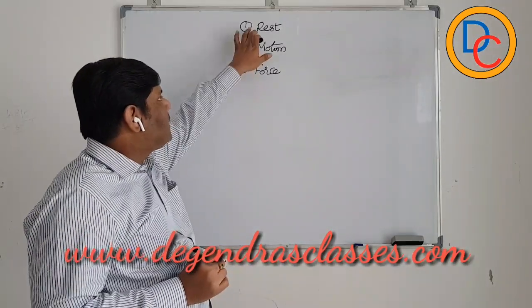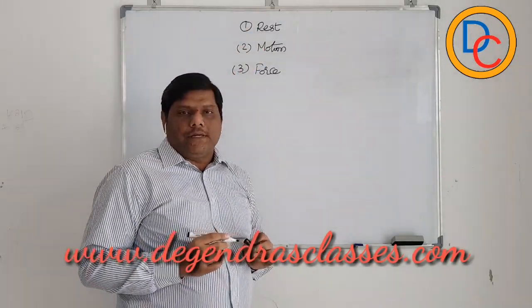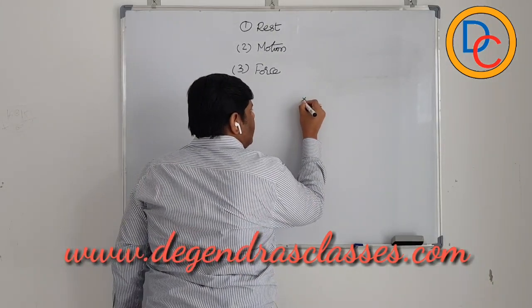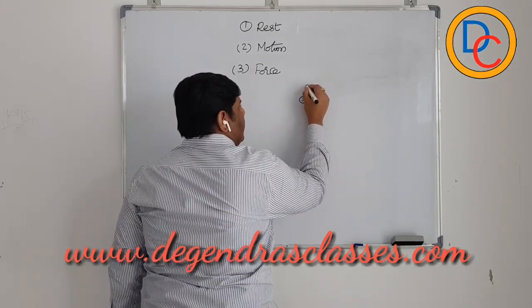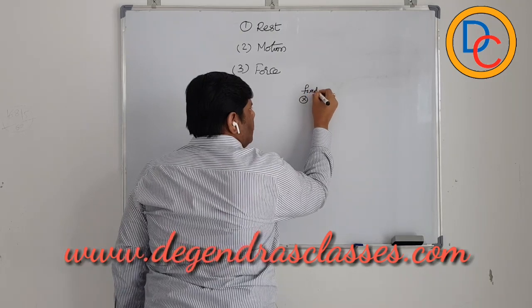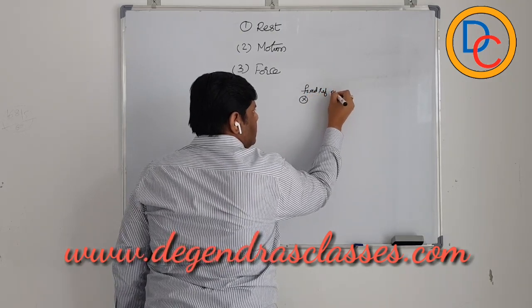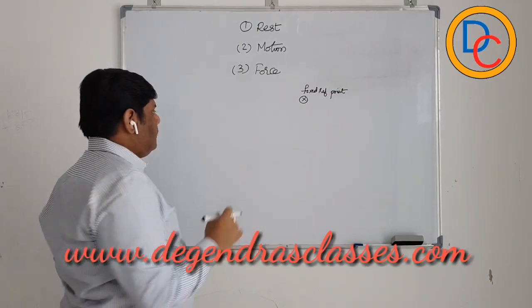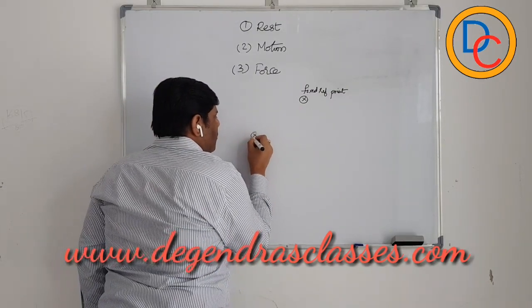So first, to explain when a body is at rest, let me consider one fixed reference point. So this I am considering as a fixed reference point, and this is a body.